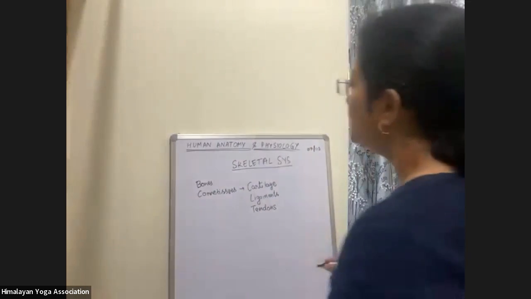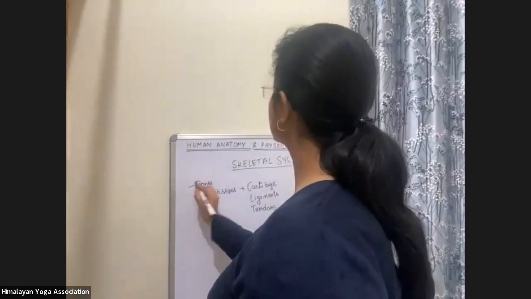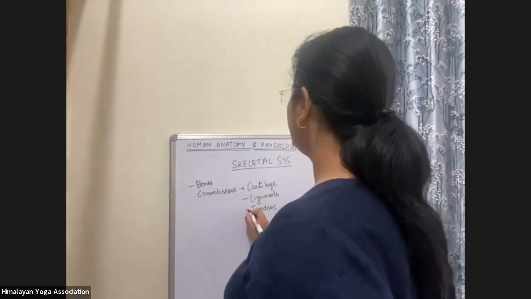Yeah. So it is composed of bones, cartilage, ligaments, and tendons.